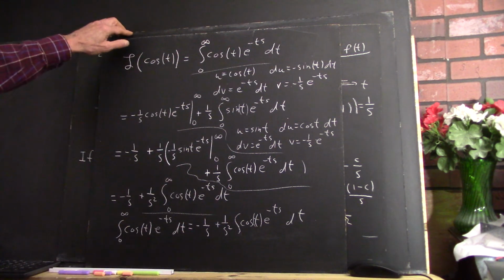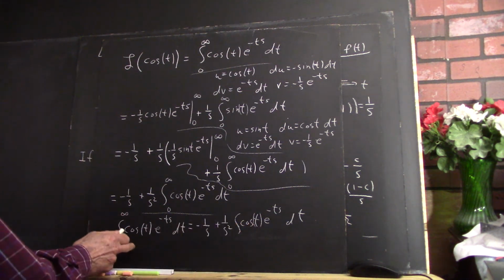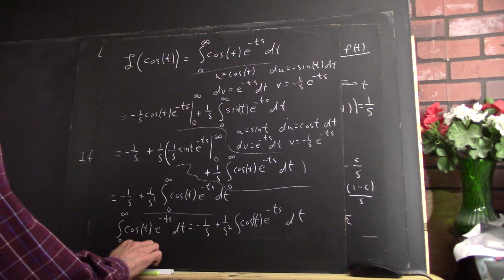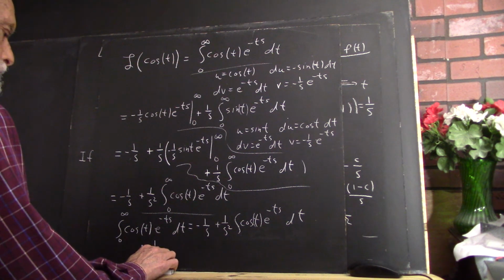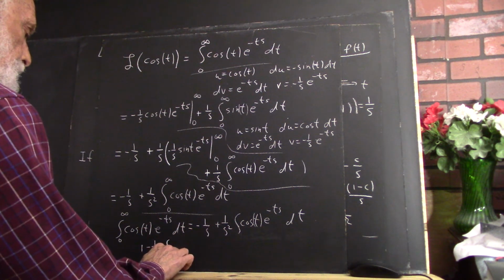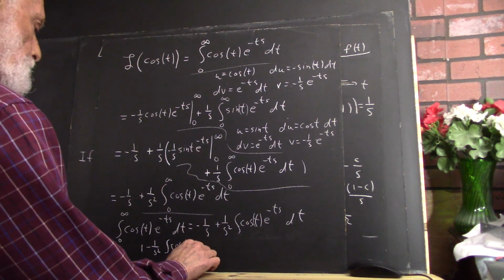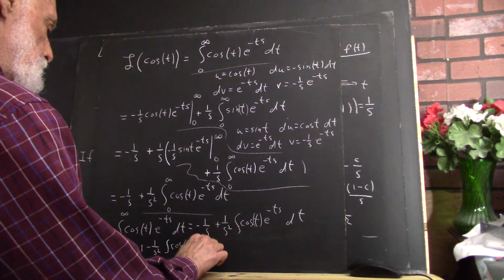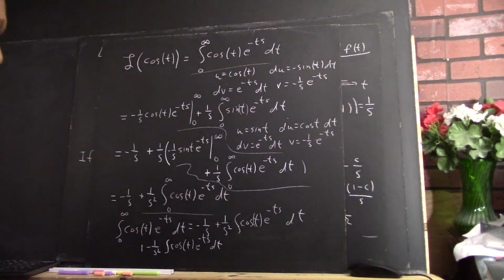So that if I subtract this from this, I get one minus 1 over s squared times that integral.